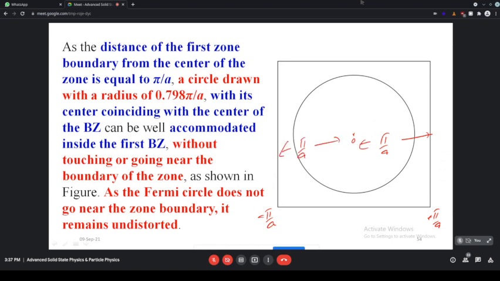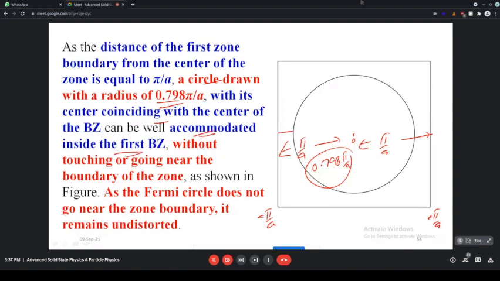This is the first zone boundary. But the circle radius is only 0.798 pi by a. Therefore, can we say that this Fermi surface will lie completely inside the first Brillouin zone?